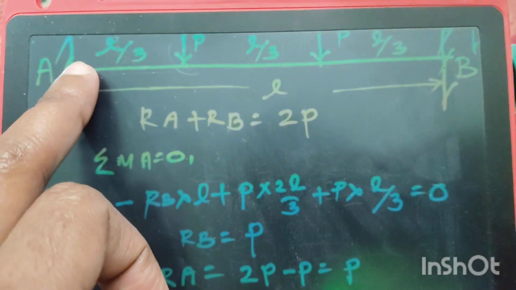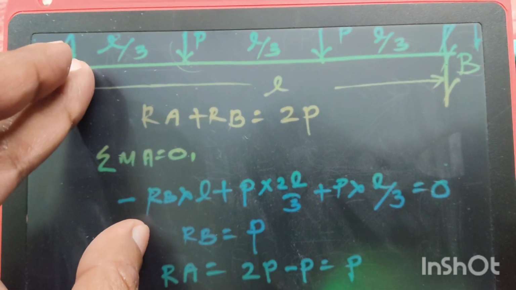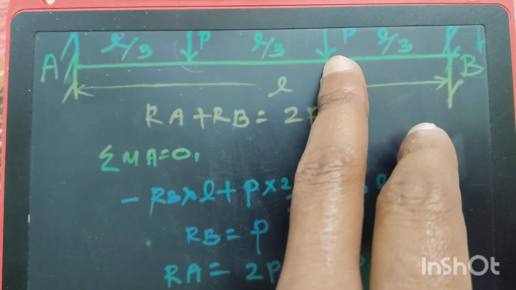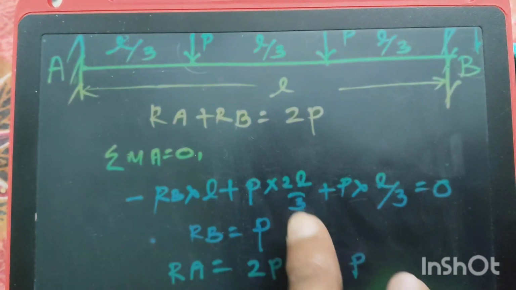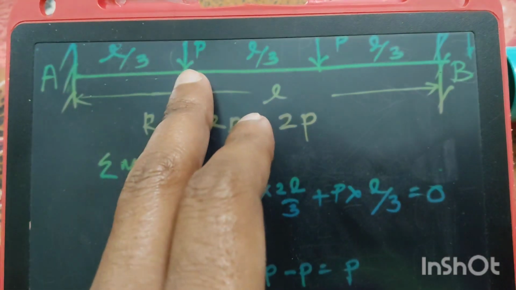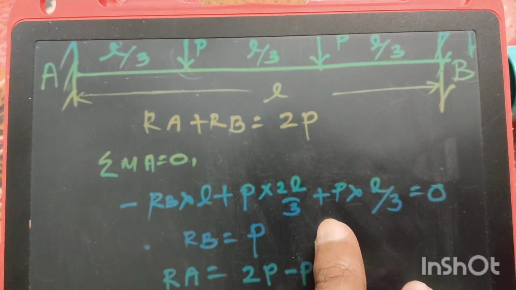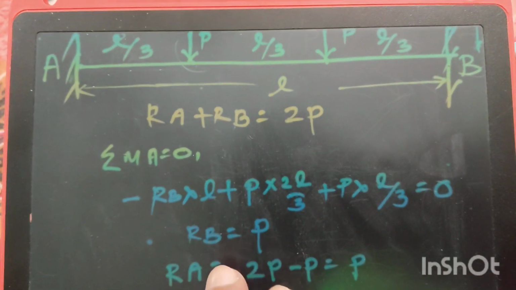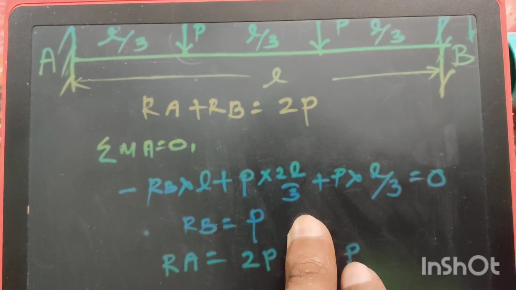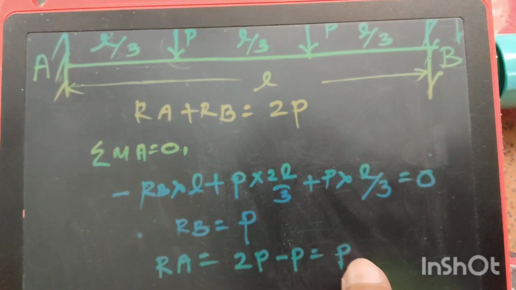Then we have minus RB into L in the anti-clockwise direction, plus this load into this distance L by 3 in the clockwise direction, plus this load into this distance L by 3, also in the clockwise direction, is equal to 0. So after calculation RB will be equal to P, and as we know RA plus RB equals 2P, the value of RA will also be P.